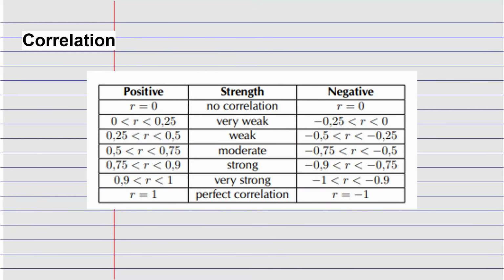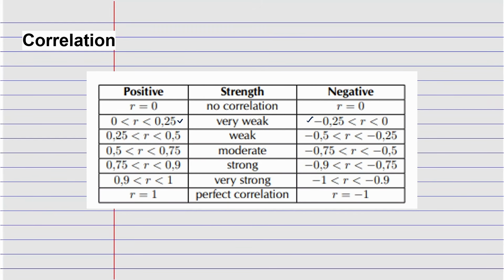Then if R is between 0 and 0,25, we see the fact that that's a weak, right? That's a positive. So here, if it's between 0 and 0,25, that's a what? That's a very weak positive correlation if your answer is positive. But if your answer is from -0,25 till 0, then you're going to say that's a negative correlation, right?